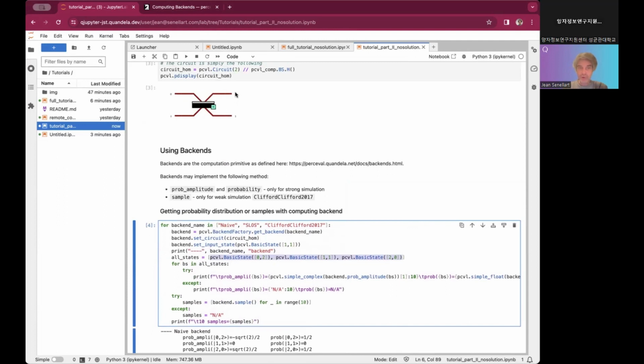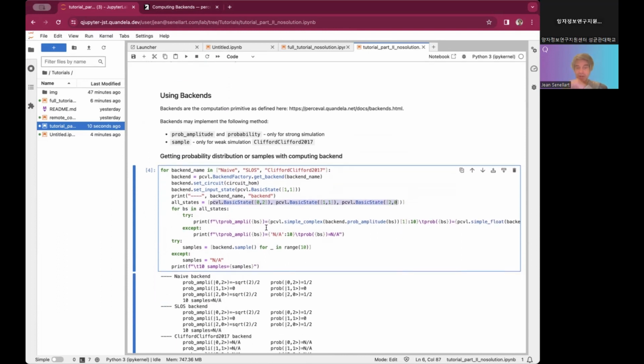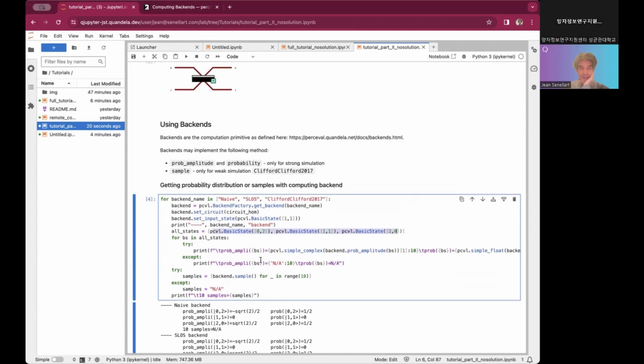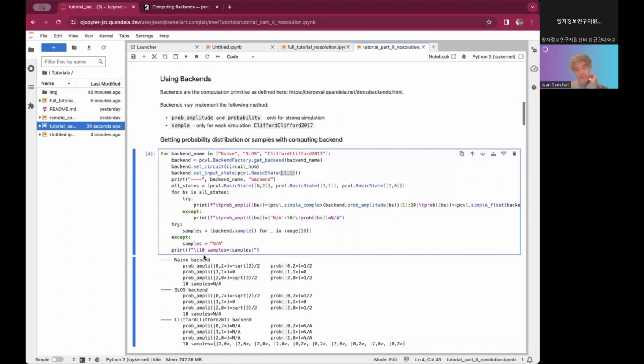I can get the two photons on the upper mode, the two photons on the lower mode, or one photon in each mode. Those are the three states. Then I use the backend to calculate the probability amplitude for each output state, knowing that we'll be sending as an input state one photon in each arm of the beam splitter. With the Naive backend and SLOS backend, you have exactly the same result. Not surprising, because they are doing the same thing.